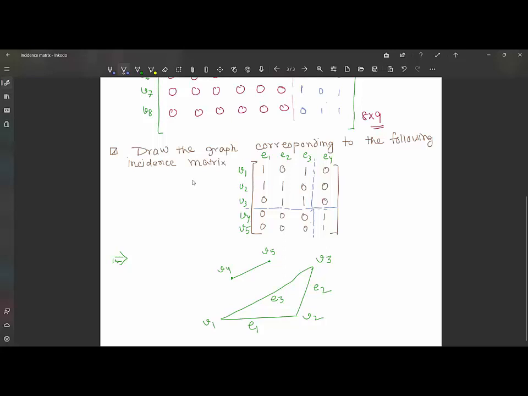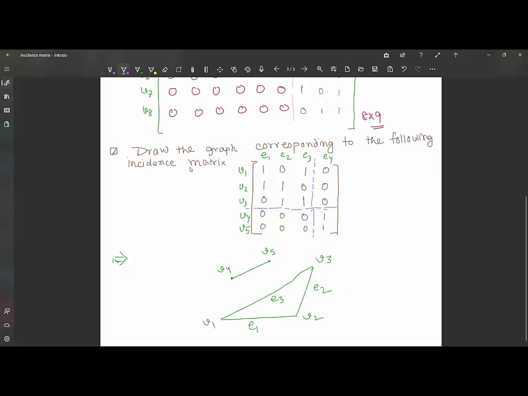Okay, so now take one other problem as your homework, and after that we will go to the directed graph.